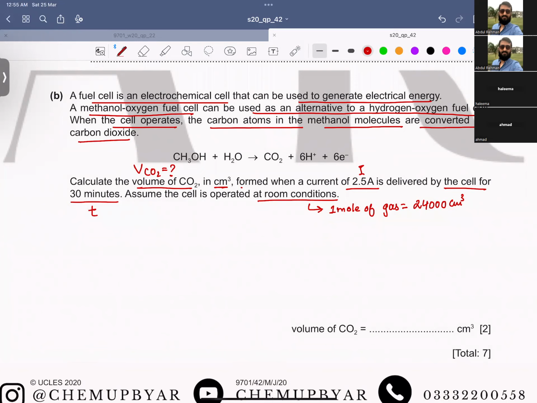One more thing you should remember here: if I relate the charge of 1 mole of electrons, how much charge does 1 mole of electrons carry? 96,500.